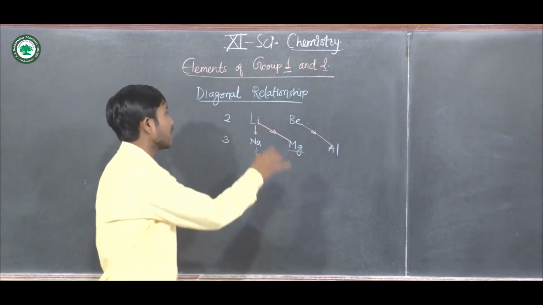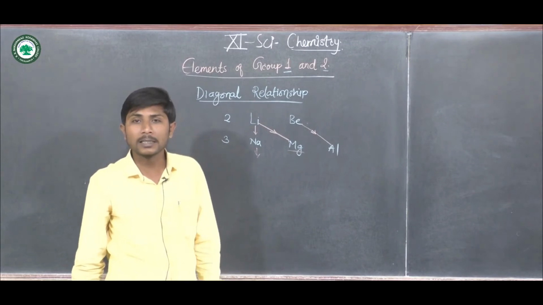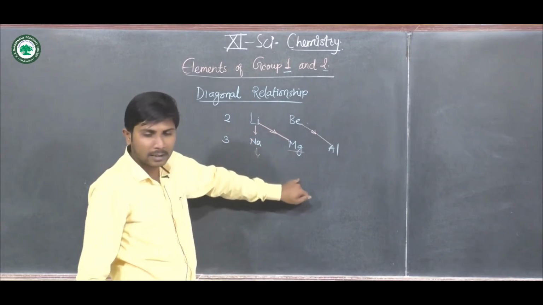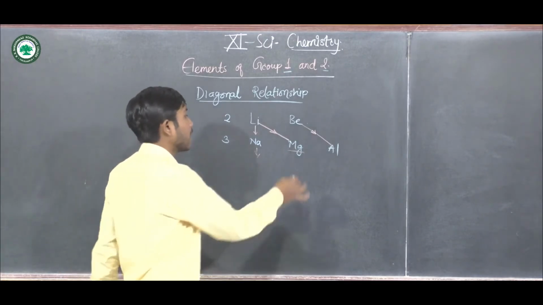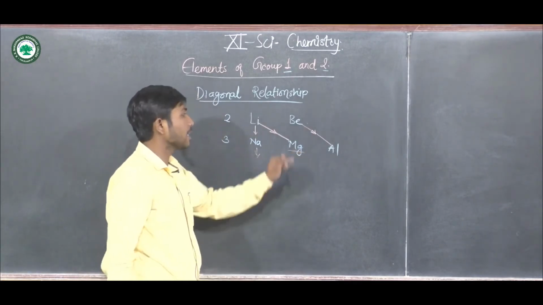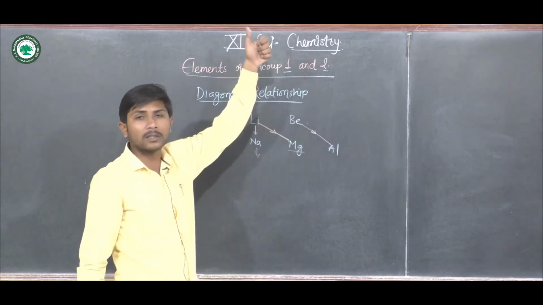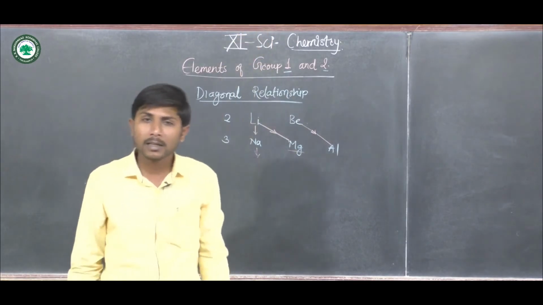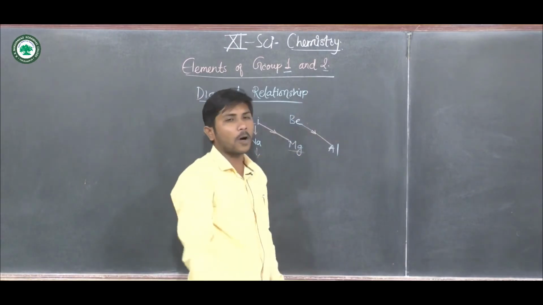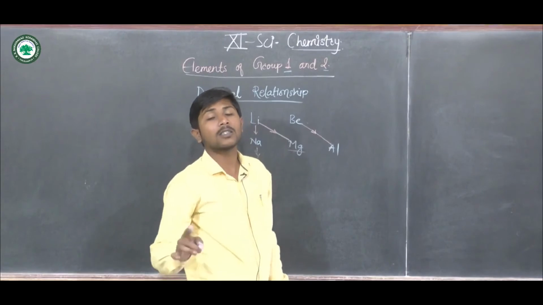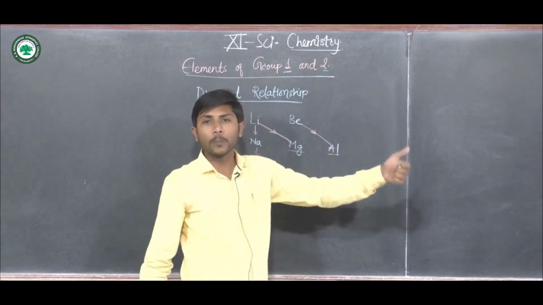What it means is that lithium will show the reactions or properties like the element magnesium, which is present in the next group, an alkaline earth metal. And in case of beryllium, it has to show properties similar to the alkaline earth metals, but instead, beryllium shows properties similar to aluminium, the next main group element.